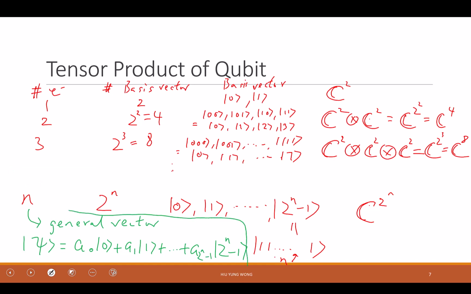Now you see the space is really large, just like we said in the first lecture. Okay, so that is how you form the tensor product.